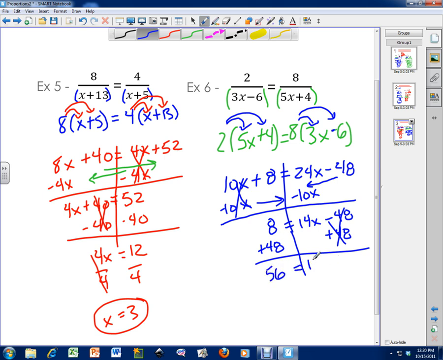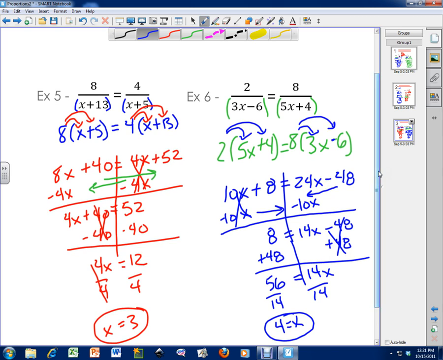That equals 14x. We're always going to divide at the end here. And I get 4 equals x. Again, always double check by plugging it back in. The idea here is make sure that you put parentheses around both of these, and when you cross multiply, it just becomes a standard math problem. It's a complex one, but hopefully this video will help you understand it.